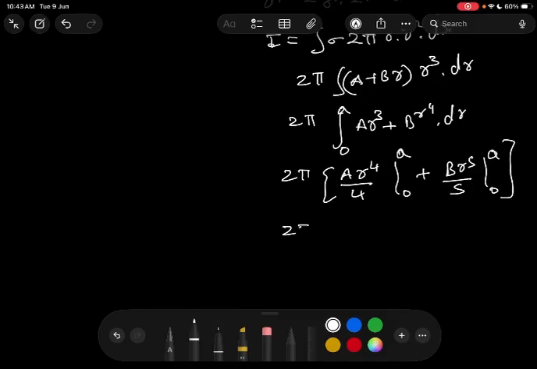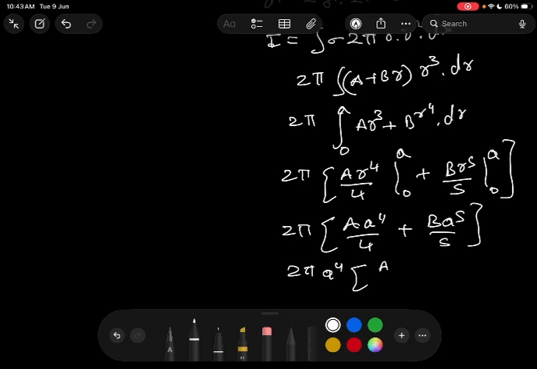So 2 pi a power 4 by 4 plus b a power 5 by 5. Let's take a power 4 common. We are going to get that option, a by 4 plus ab by 5.